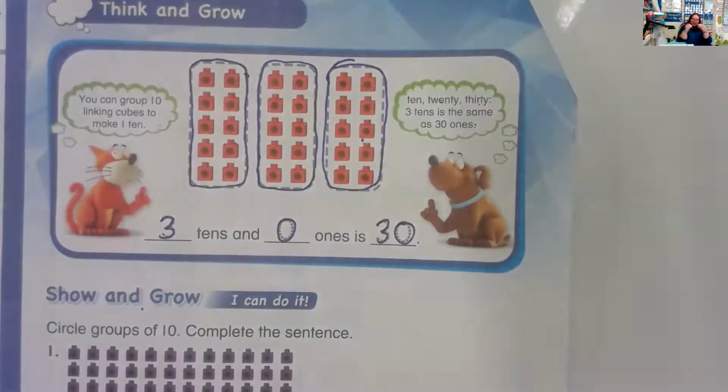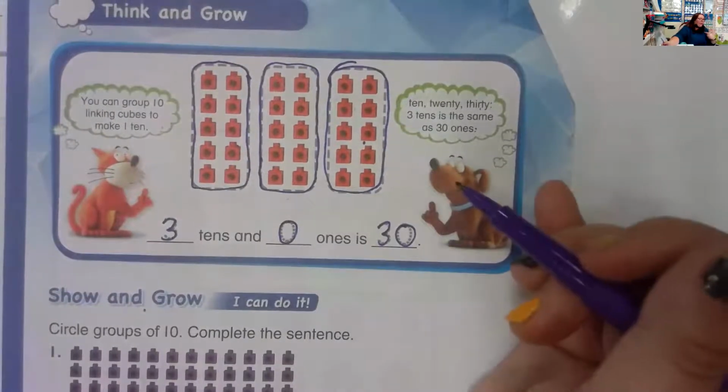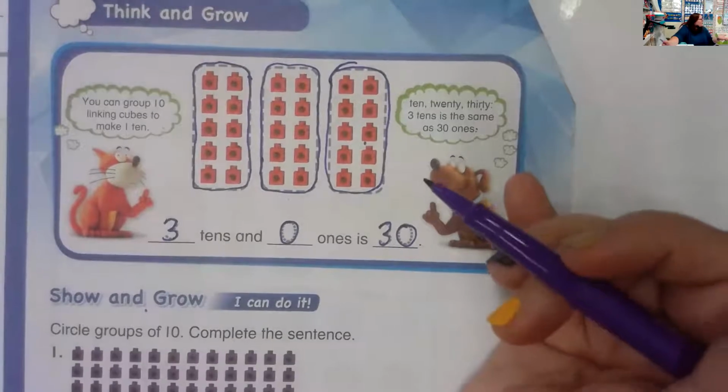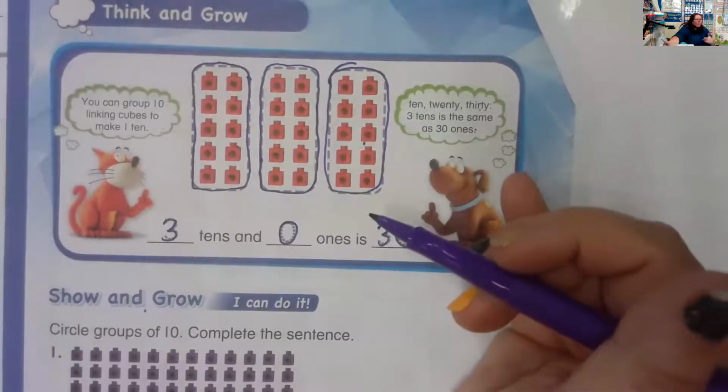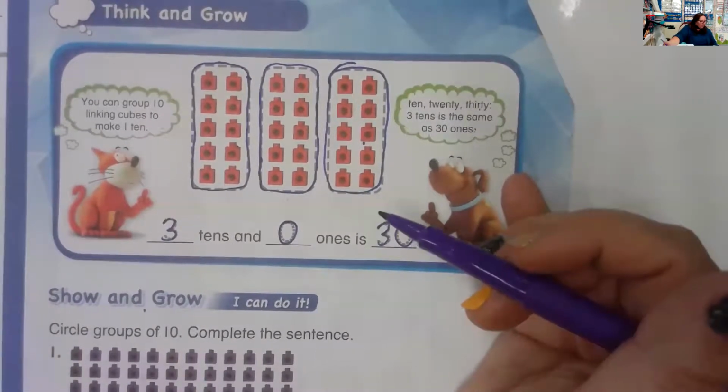But once we connect them together, we've made a group of 10. We've made 3 groups of 10. So it's the same, right? Kind of like if you have 100 pennies, you have $1 worth of money.